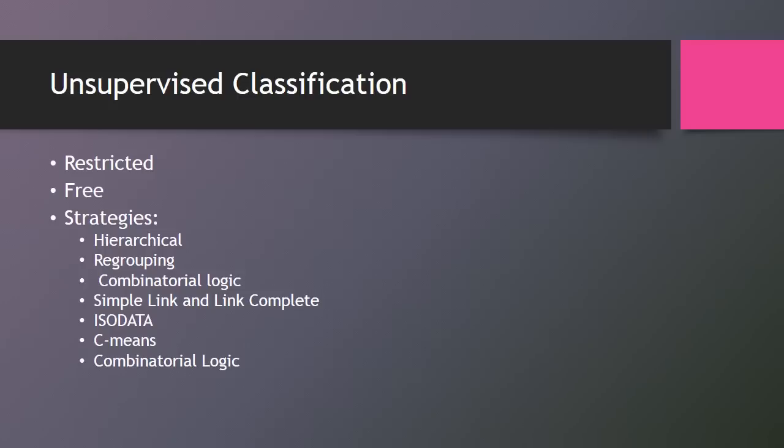The combinatorial logic: certain conditions to be met are defined for groupings, and groups that seek compliance are formed. The single link and complete link start from unitary groups of objects and join the most similar groups at each stage to meet some conditions. The ISODATA forms groups that are fitted iteratively using probability theory. In some versions it can make a union or division of a group.